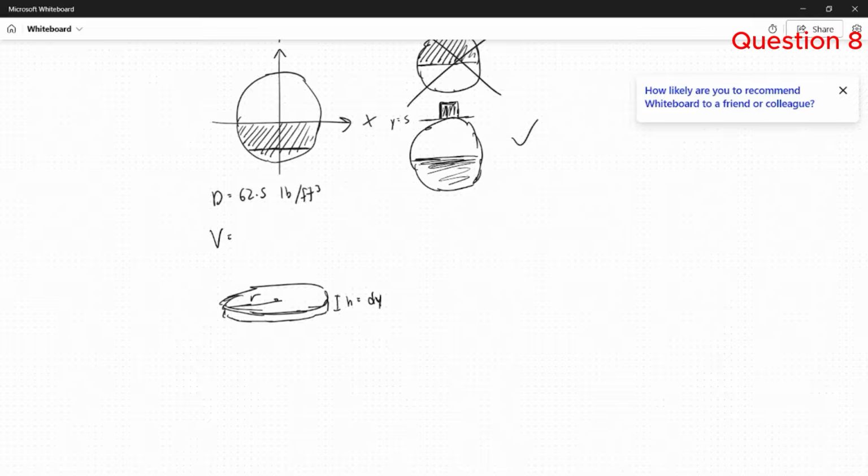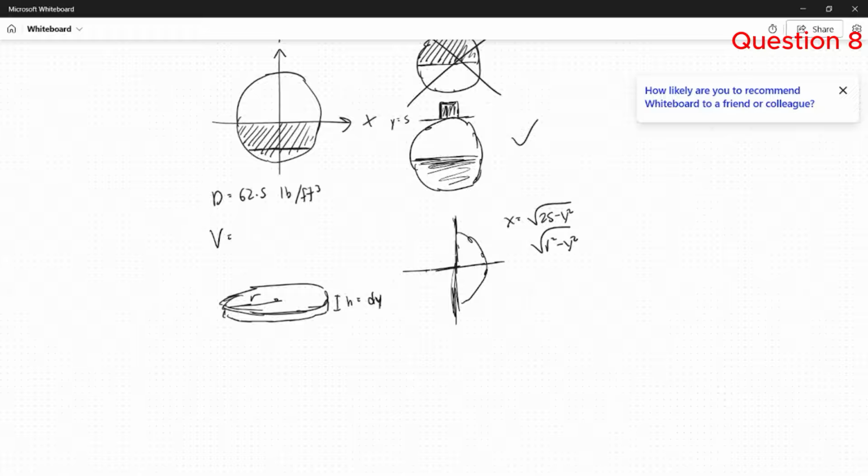Now, how do we find the radius? Well, this is where we would use the semicircle function. Actually, in this case, because we are integrating with respect to y, it would be x equals the square root of 25 minus y squared, or more generally, r squared minus y squared.